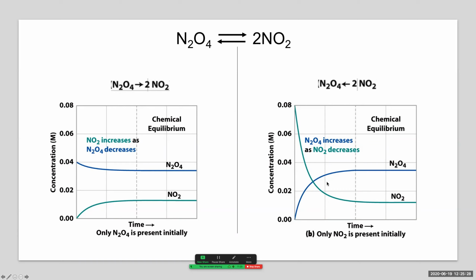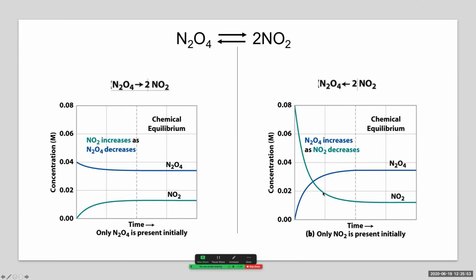Remember, back in chapter 12, we said that the rate has to do with the concentration of the substance that's undergoing the change. The greater the concentration of the substance, the faster the rate of change. And that's what you see here: when we start with NO2, it disappears pretty rapidly.